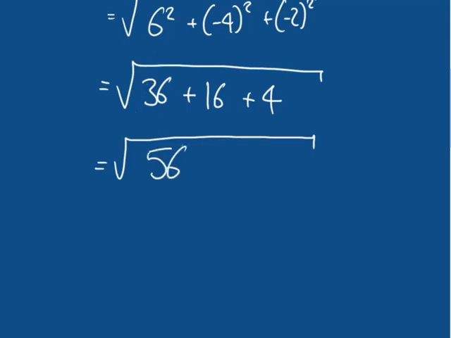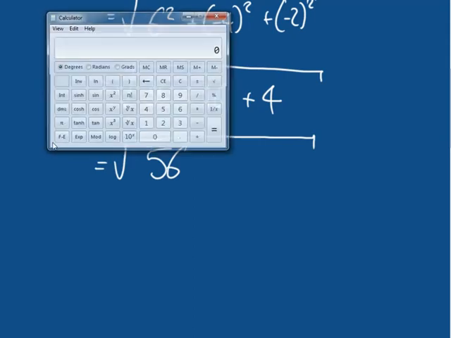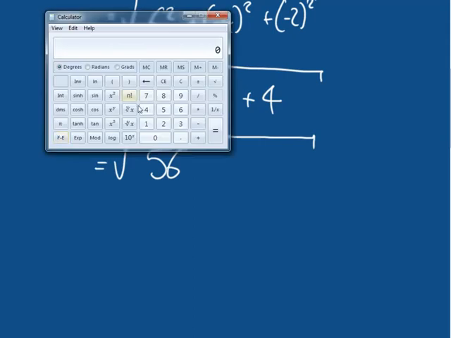So it's equal to the square root of 56. I'm going to leave that in its square root form, but if you were to use a calculator to work this out, you get a value approximately equal to the length being 7.48 units.